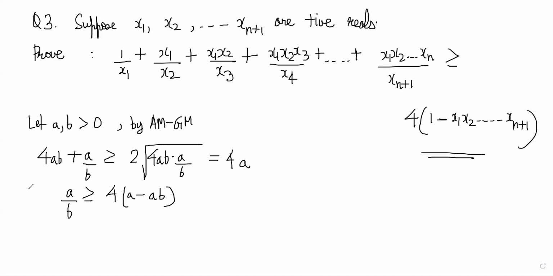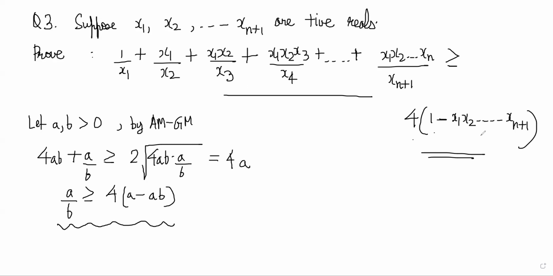Now, if you take x1, x2, here we will assume that I want to prove this, 1 by x1 plus x1 by x2 and so on is greater than 4 times 1 minus this, right?